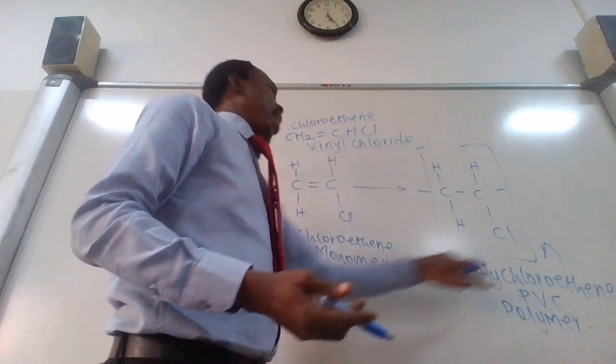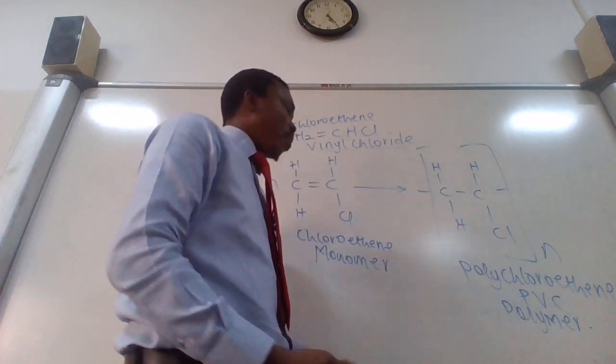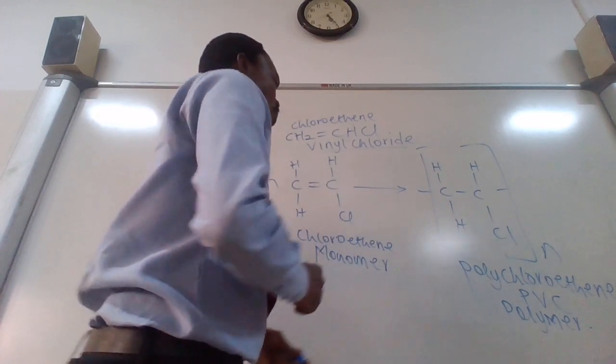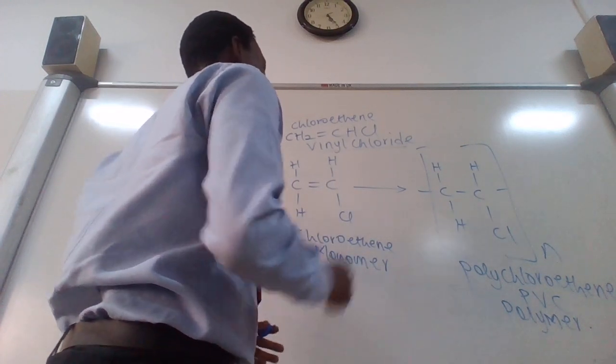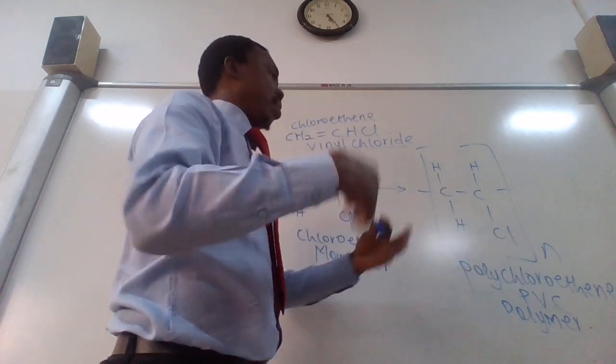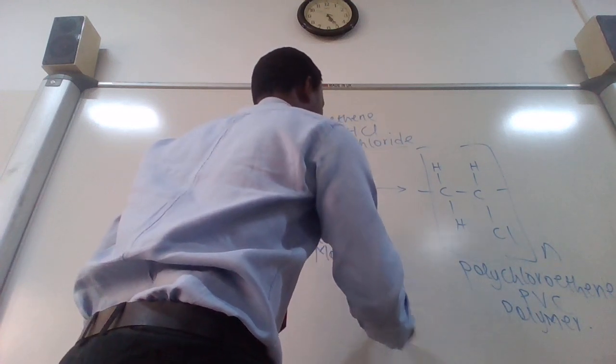They might tell you the n represents the large number. You might be asked to write 2 repeat units, 3 repeat units of the polymer. If I have to write 3 repeat units of polychloroethene, this is how 3 repeat units look like.